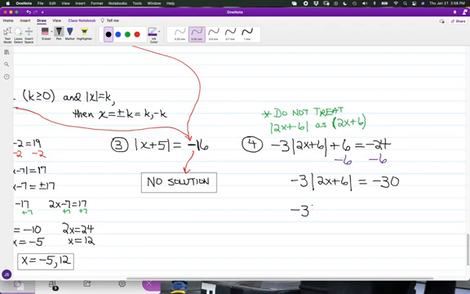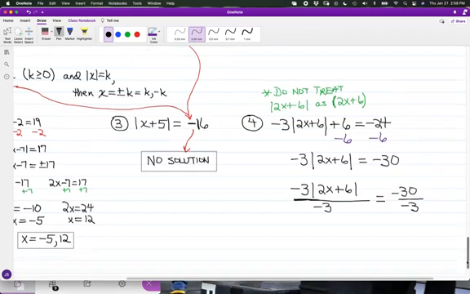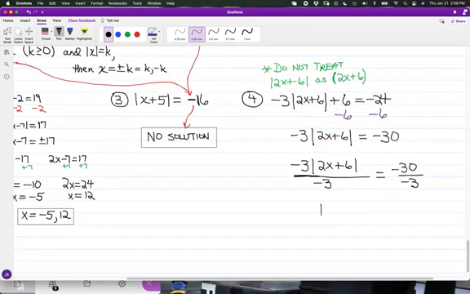So in terms of what to do with the negative 3, I'm just going to divide on both sides. With division by negative 3, on the left hand side we have the absolute value of 2x plus 6, and to the right we have negative 30 over negative 3, so this will be a positive 10.